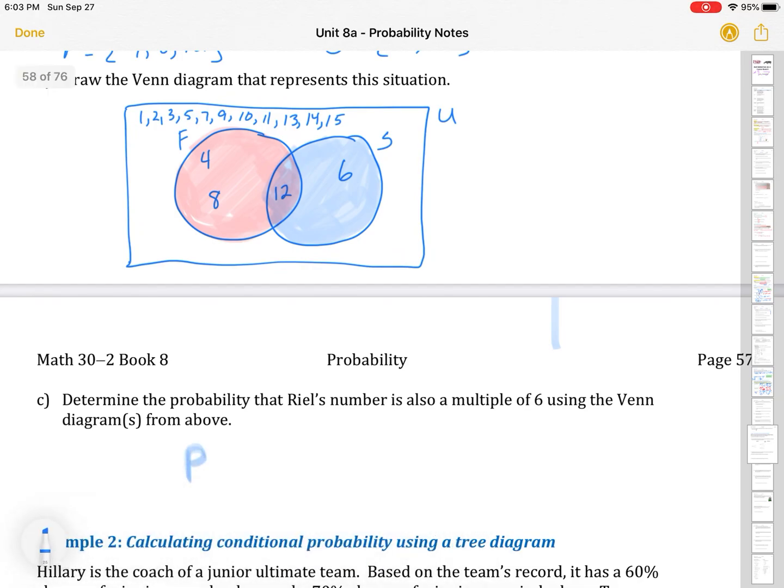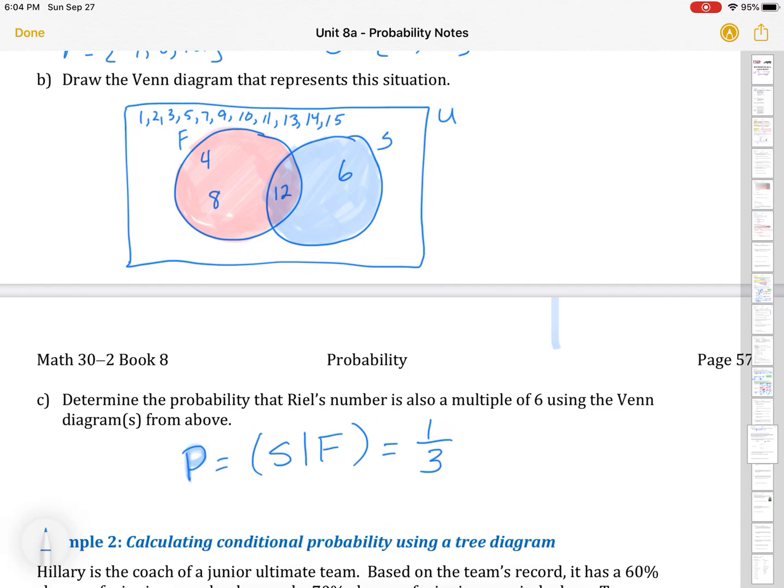And so the probability of S, a multiple of 6, if he's already pulled a multiple of 4, looking at our total numbers, is going to be 1 out of 3.